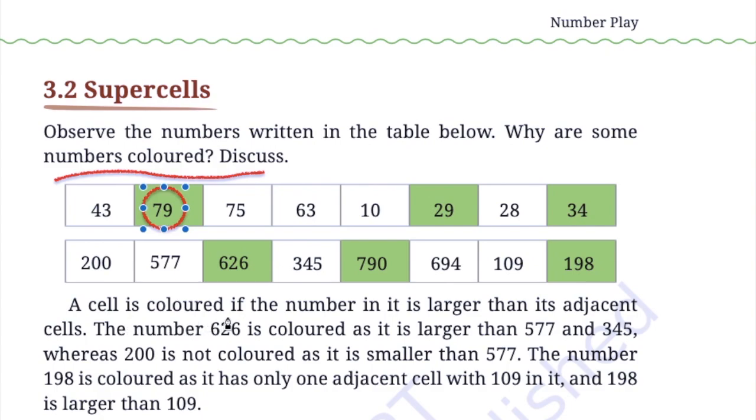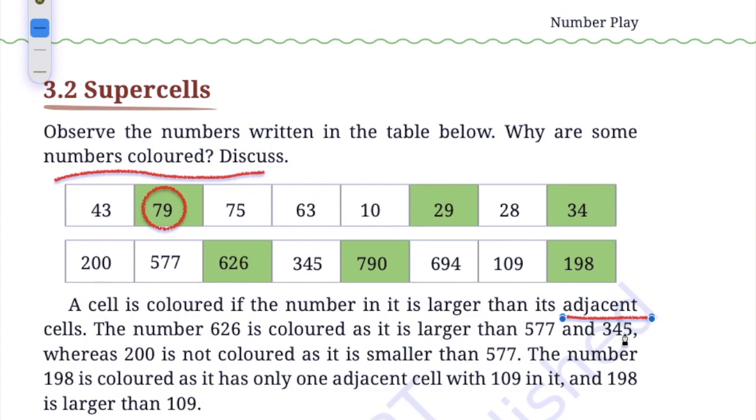So a cell is colored if the number in it is larger than its adjacent cells. You have to check both sides, left side and right side, both adjacent cells. Adjacent means just neighbor. So the number 626 is colored as it is larger than 577 and 345.